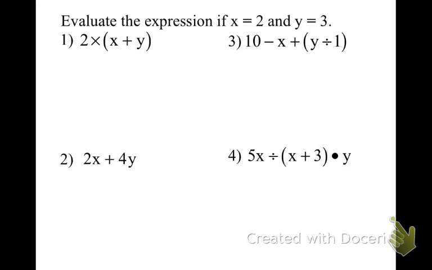So I get 2 times the quantity of 2 plus 3, which equals 5, times 5. Okay, so now stop the recording and finish 2, 3, and 4.